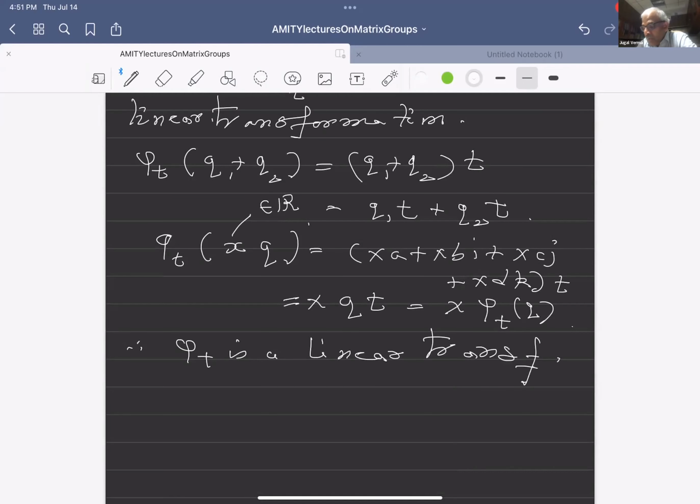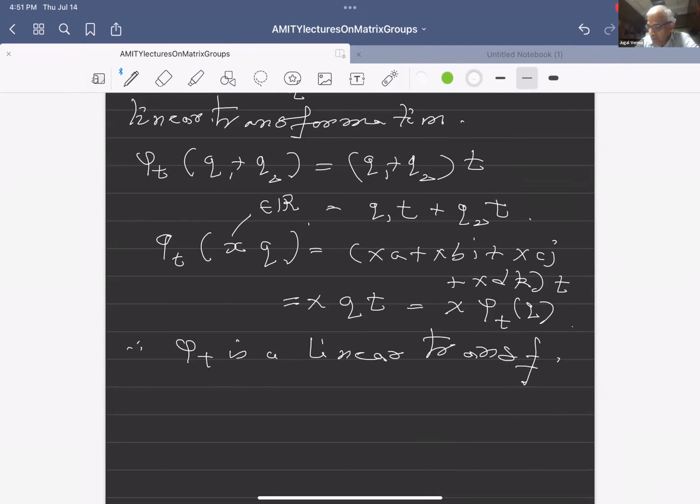Now, what should I prove to show that phi T is an orthogonal transformation? Can anybody answer? Yes, phi T should preserve angle as well as length. Length should be preserved.